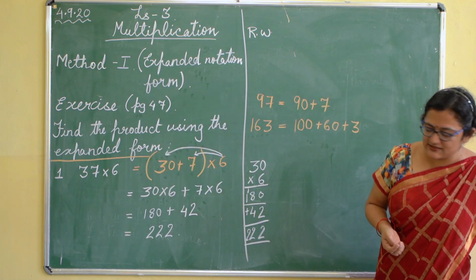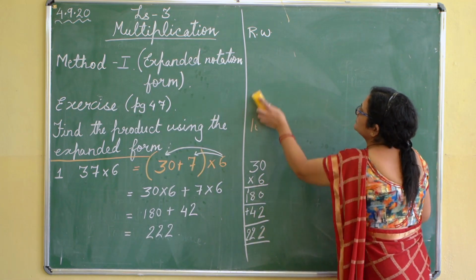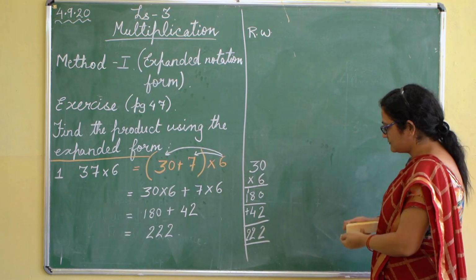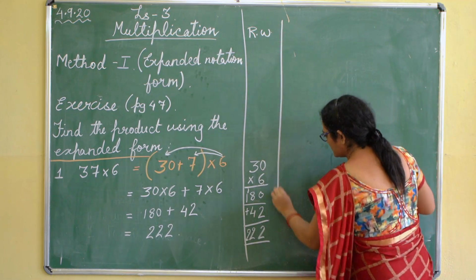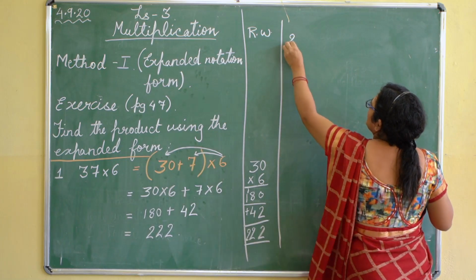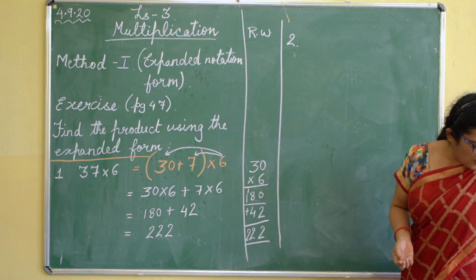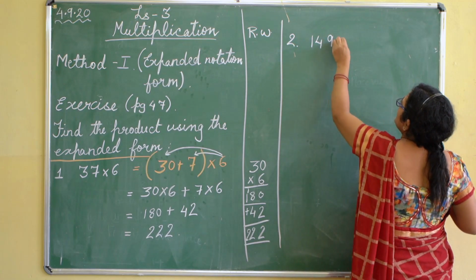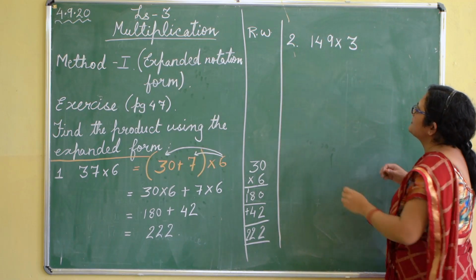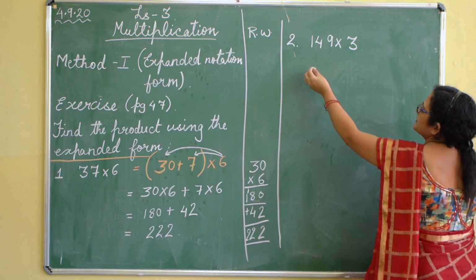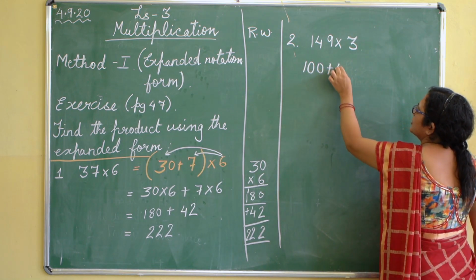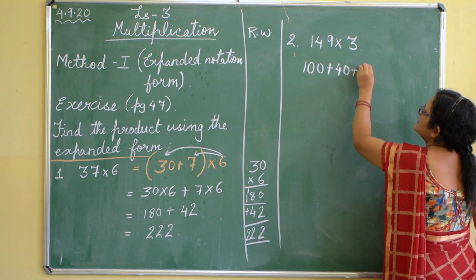Same way we will do the second sum. The second sum is 149 multiplied by 3. So we break this number 149 as 100 plus 40 plus 9.